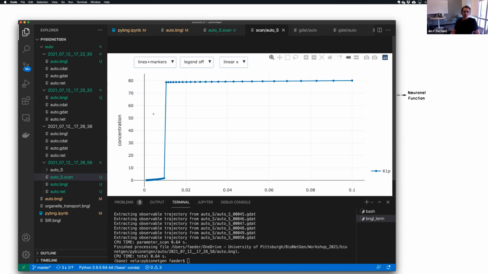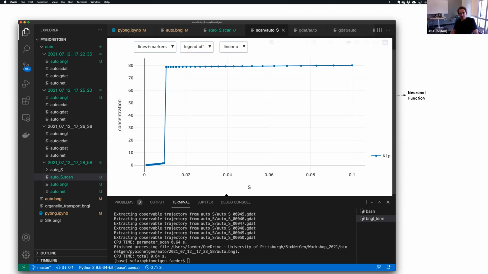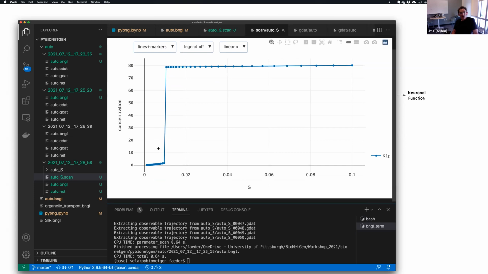So when we do a parameter scan like this, you see this very sharp jump. As we increase S, what we see is that at some threshold value of S, the steady state goes from being a fairly low one with a low percentage of activity up to a very high one over what seems like a very small range.